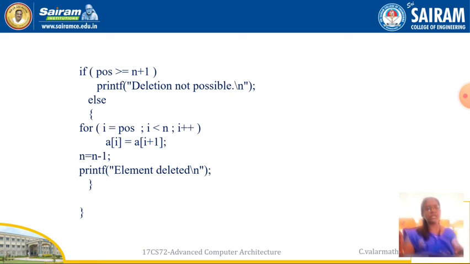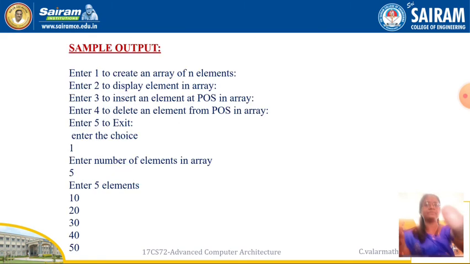So we can change the next element value to the present element value. Likewise, if you do this one by one, the element at the position that has to be deleted will finally be deleted. So after the end of this for loop, "element is deleted" should be printed here, right?